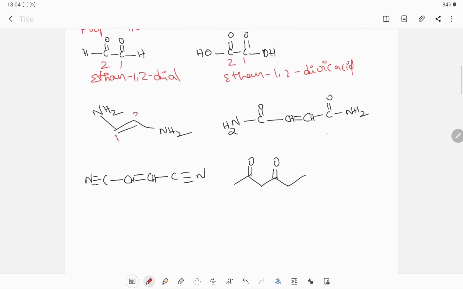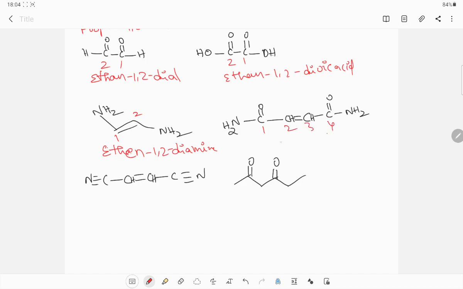Now come to the next example. 1 and 2. It is unsaturated, 1,2-diamine. Amine functional group, diamine. Now come here. 1, 2, 3, 4.